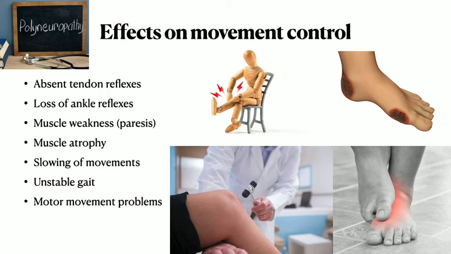Muscle weakness is a sign of peripheral motor nerve damage, and it is closely related to the severity of the polyneuropathy. Muscle weakness is found to be paralleled by muscular atrophy, which is observed in the feet and the legs of patients. Muscle weakness is also related to the slowing of movements, unstable gait, and more frequent falls.